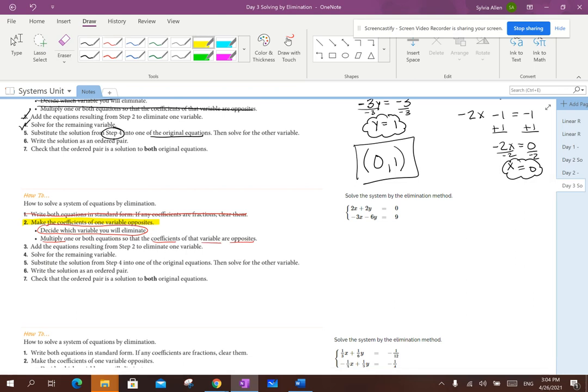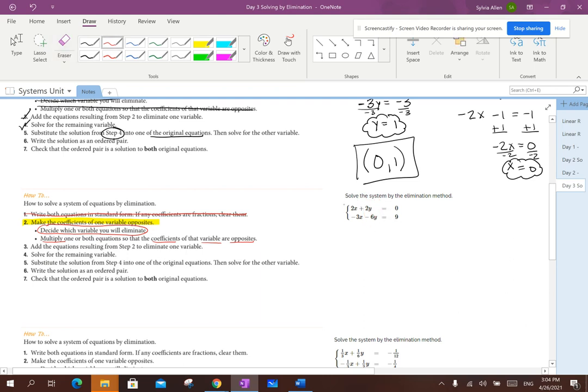So I'm going to choose to eliminate the y. I've got a positive 2 and a negative 6. So I want to make this positive 2y a positive 6y. That's what I want it to become, so that when I add these two together, they cancel.